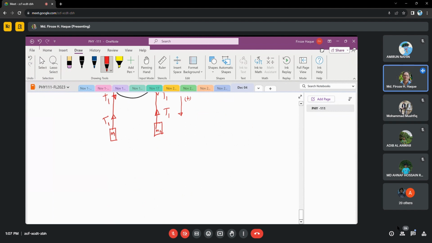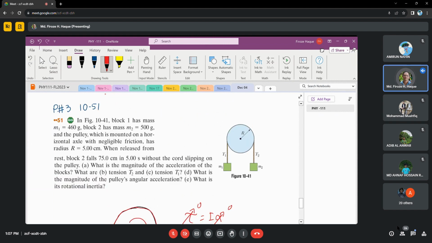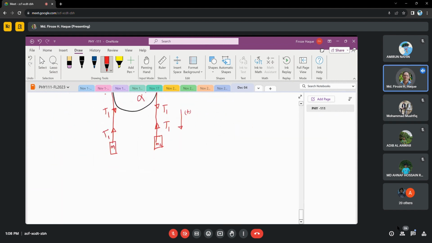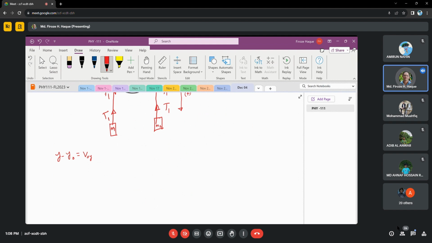You memorized something in 11, 12 class about what S says, but that's not always the most convenient way of writing, because there could be a little bit of an issue with that. So we had this, and this is v naught y t plus, for us it's plus because we took down as plus, everything is plus, right? Half a t squared, right? So that's it.